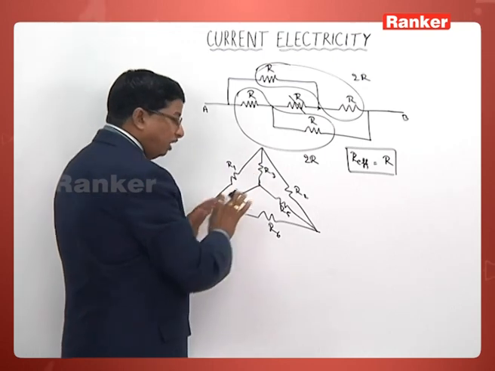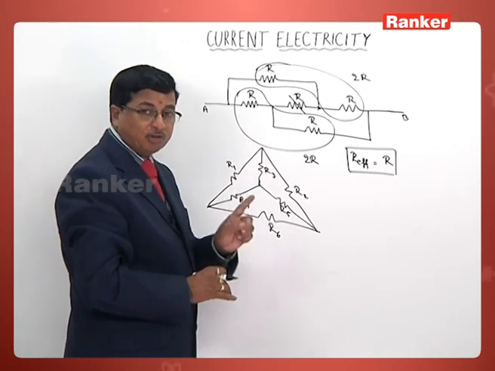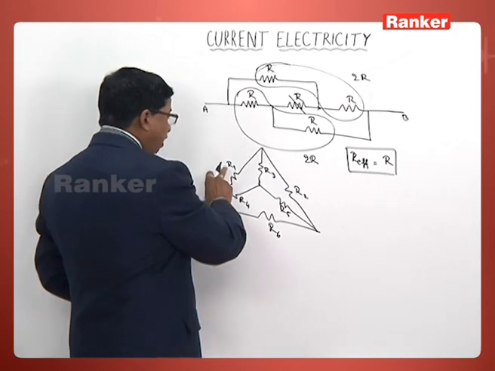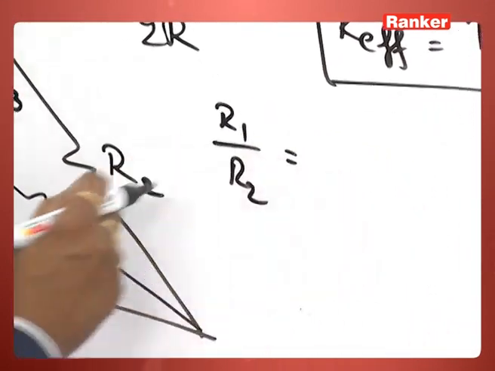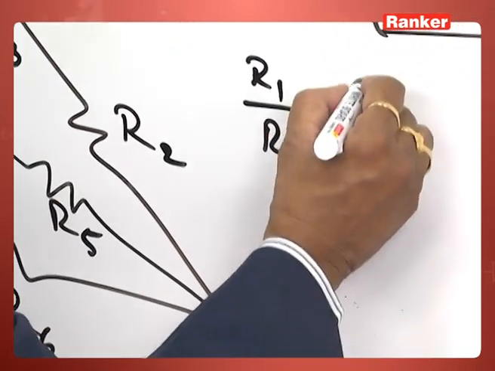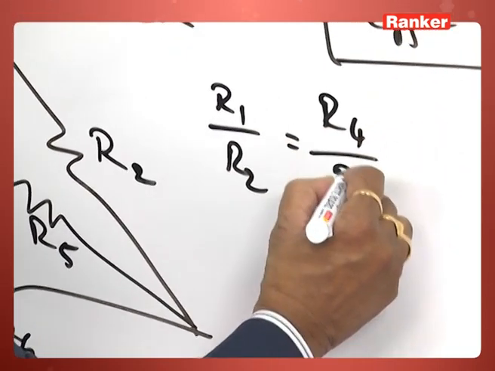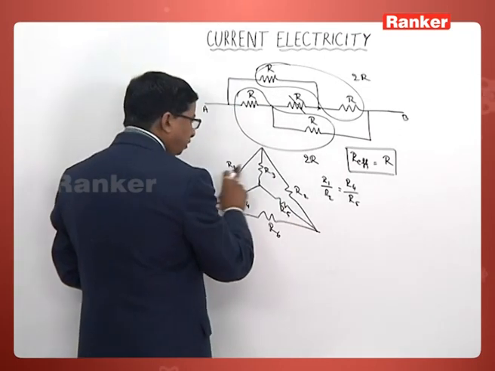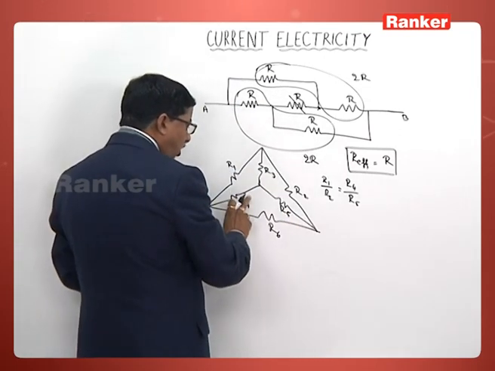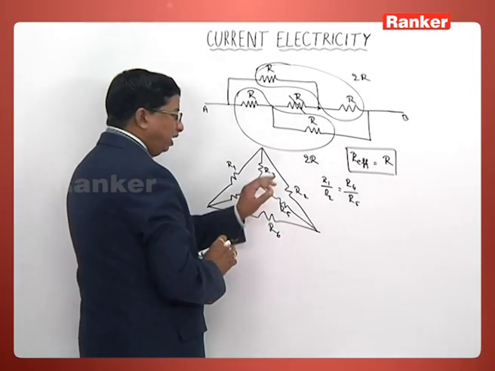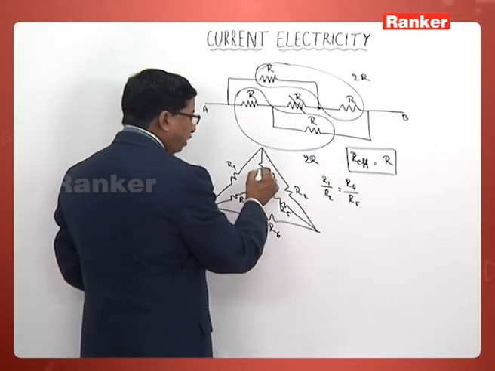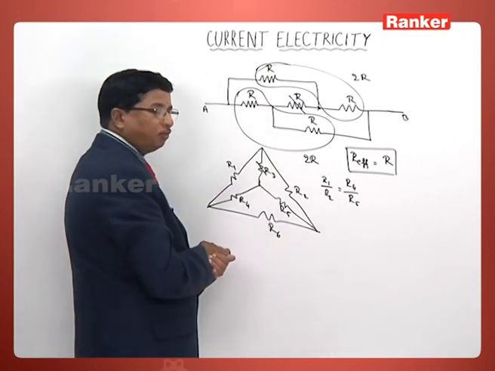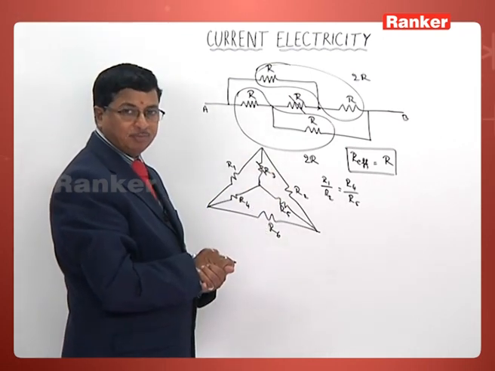If they are different, then what must be the condition for us to identify it? R1 by R2 must be equal to R4 by R5. By any chance if this is true, then you can understand that no current flows across R3.